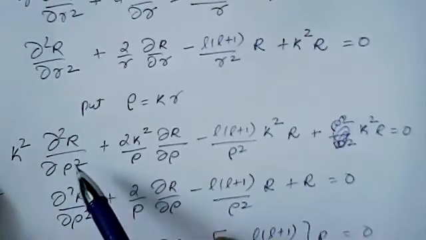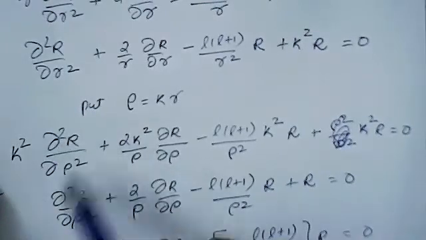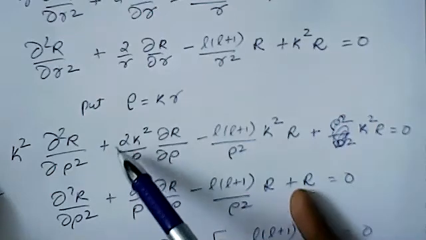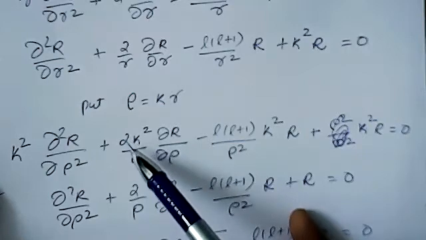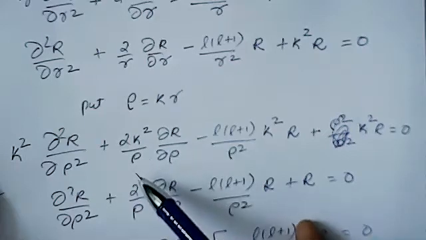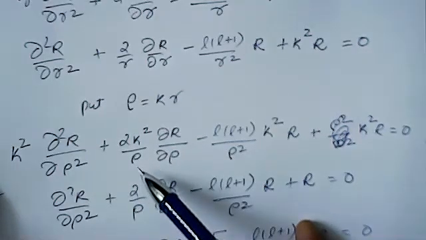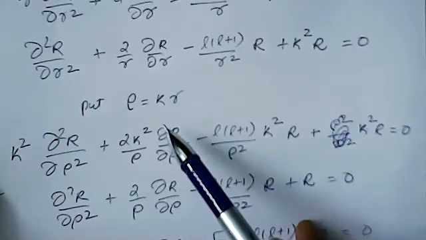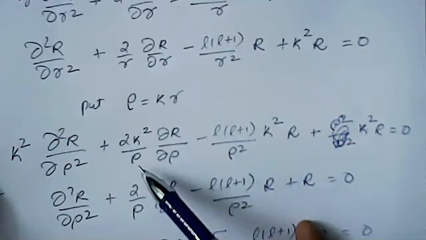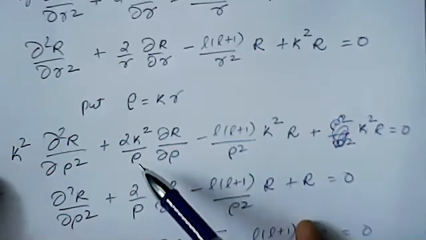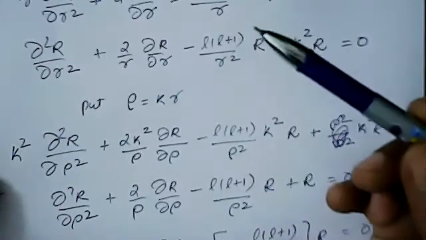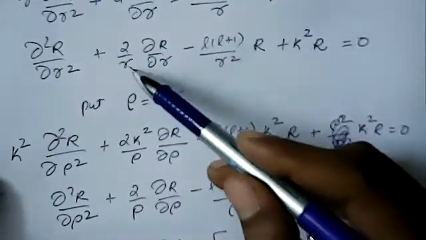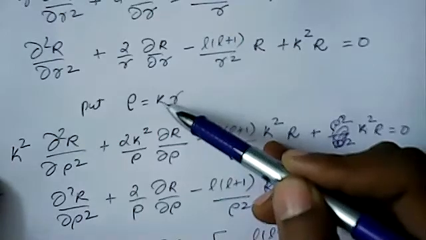K square into ∂²R/∂rho² plus here 2 by r. So r equal to rho by k.